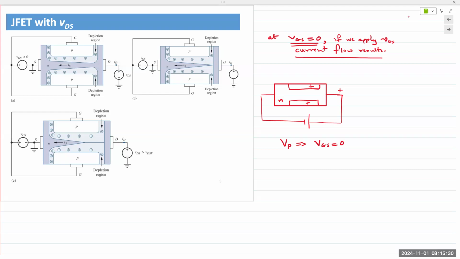Okay. Right now, VGS is 0. VDS is increasing. Channel gets pinched off, which is illustrated right here. That's the point where the channel first meets. So again, pinch off will occur when VDS is 0 and also when VGS is equal to 0.